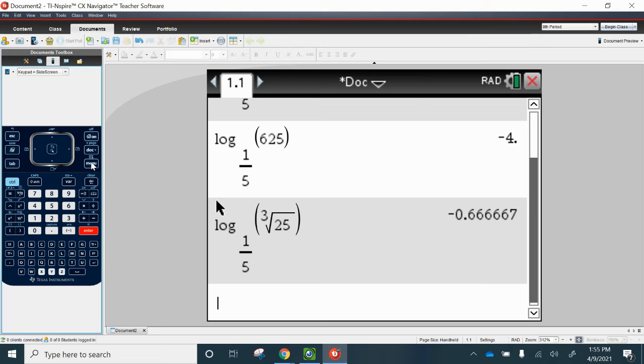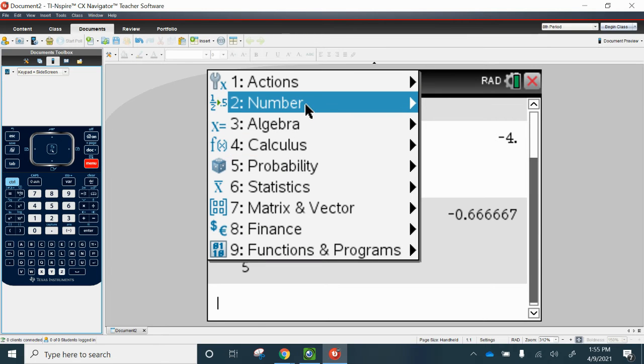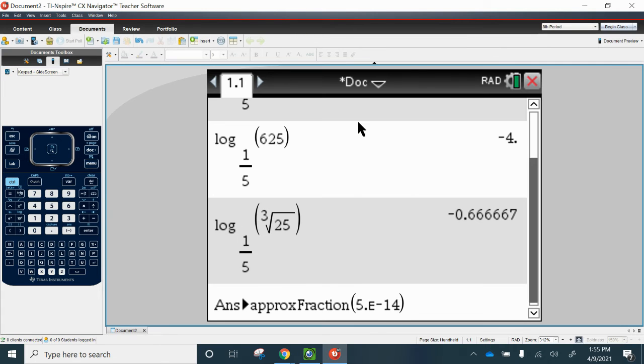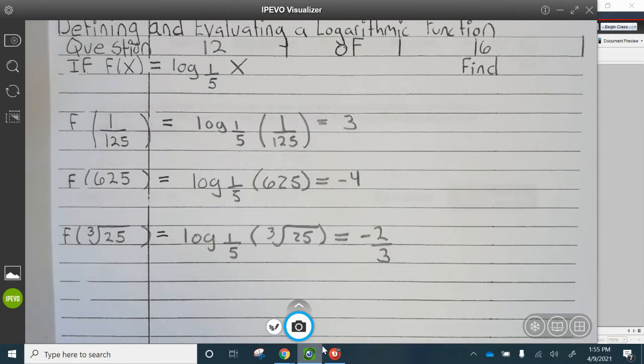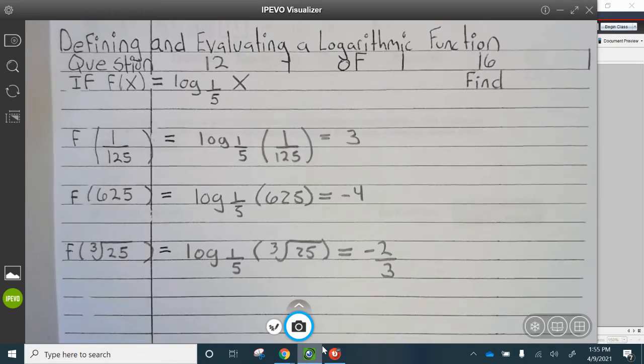If I go to menu, number, approximate fraction, press enter, that's negative 2/3. All right, go ahead and finish up question 12.